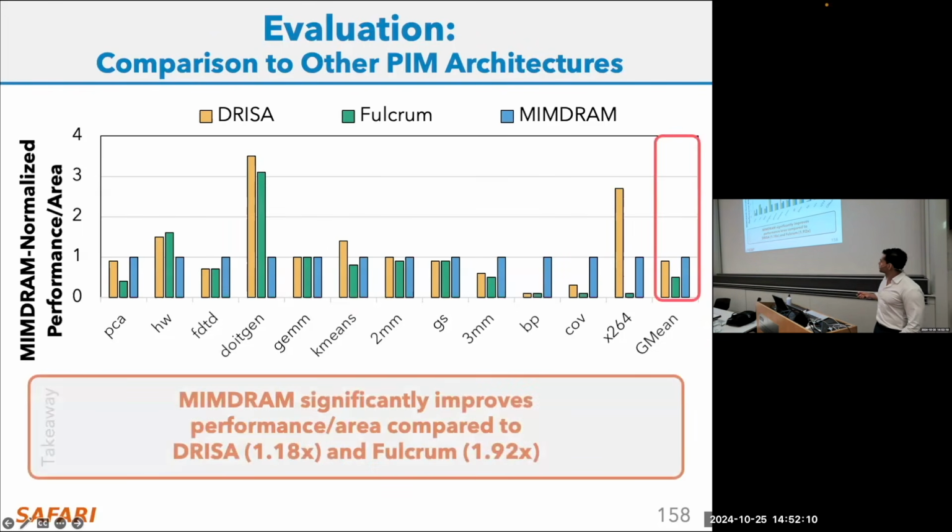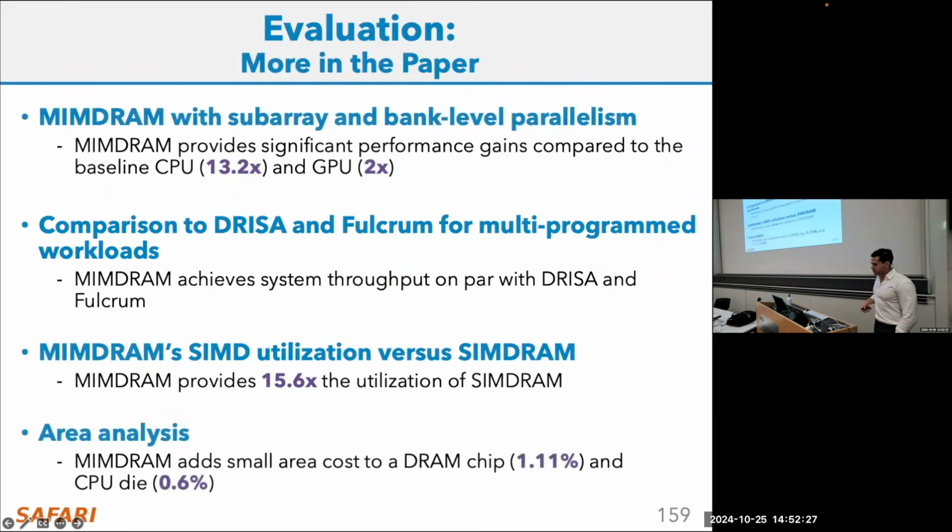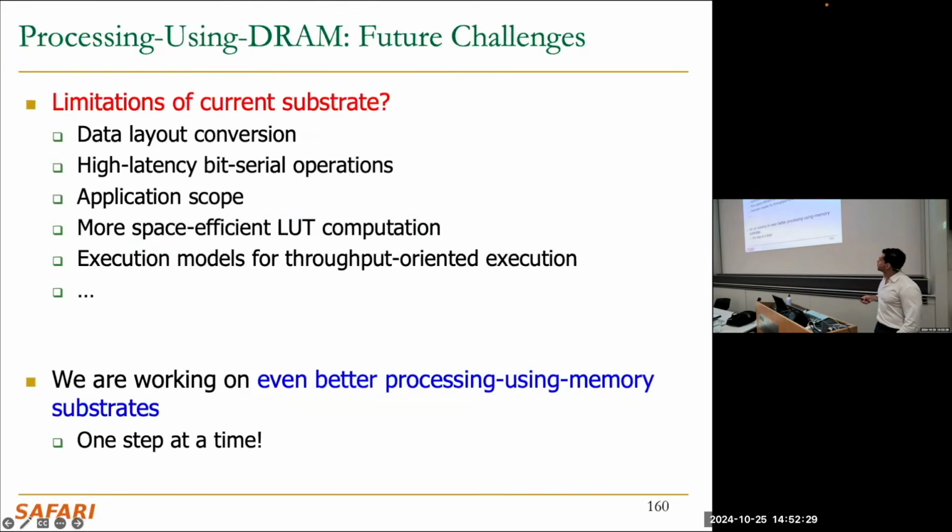And we see that MIMDRAM can outperform those architectures in terms of performance per area, because you are not incurring much area cost, while those two other ones include extra circuitry so that they can do the computation. There are many more results in the paper, which I'm not going to cover here.